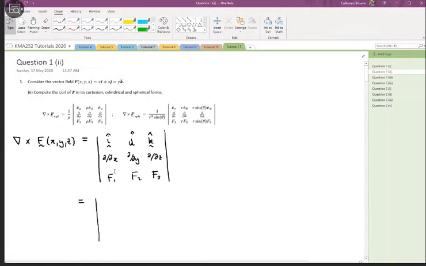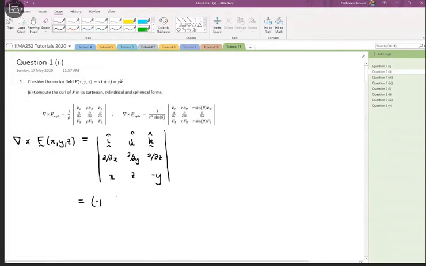So, in fact, I'm not going to write it out again. So my F1, F2, and F3 are, because my vector field is xi plus zj minus yk, going to be x, z, minus y. And so then it's just the determinant of this matrix. So if we differentiate minus y by y, we get minus 1.